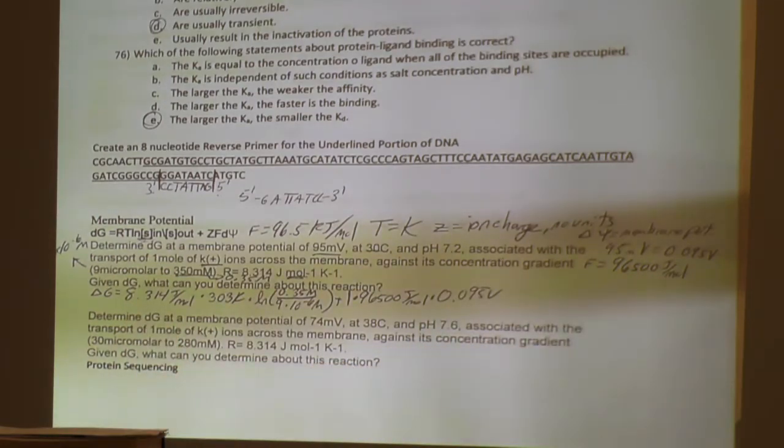Okay, does that look good to everybody? And then you just divide that whole thing by 1,000 to get kilojoules, to get delta G in kilojoules per mole. Does that make sense?